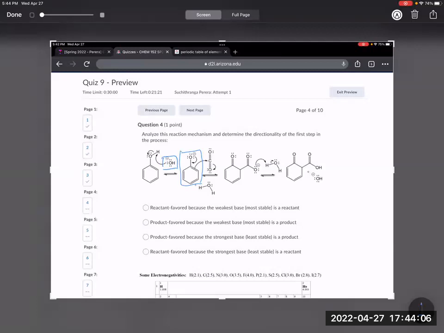So anyway, we can go with the base stability for the moment. We'll do an acid question a little bit later. So this is going to be product favored because the more stable base, or the weaker base, is a product. Weaker base means more stable base. All right, so the correct answer is option B.